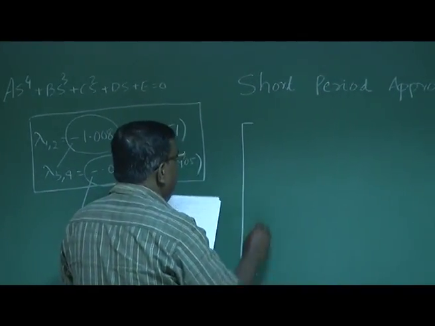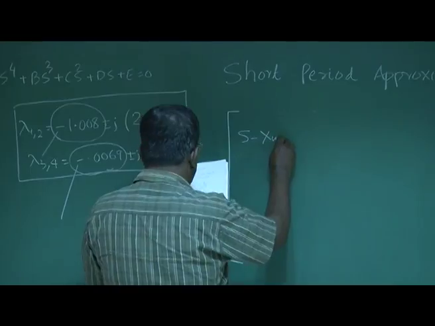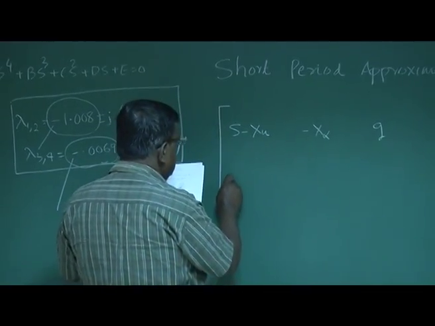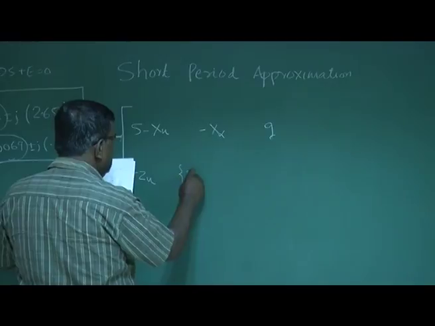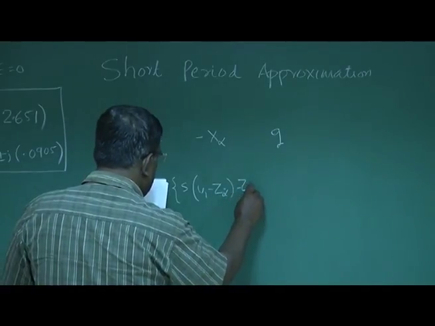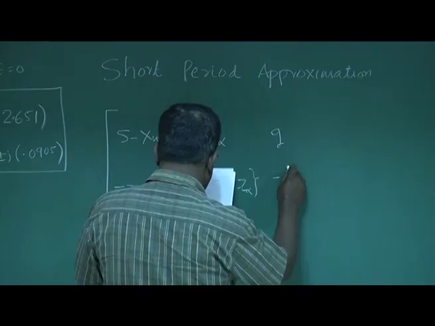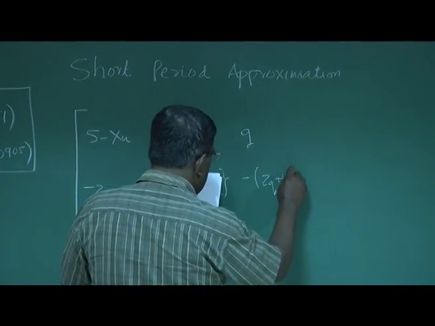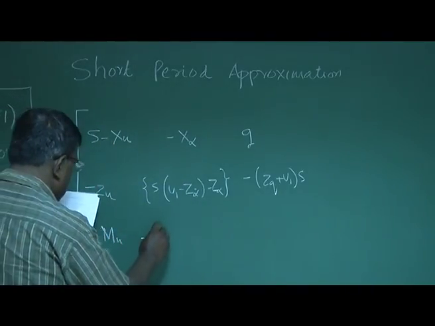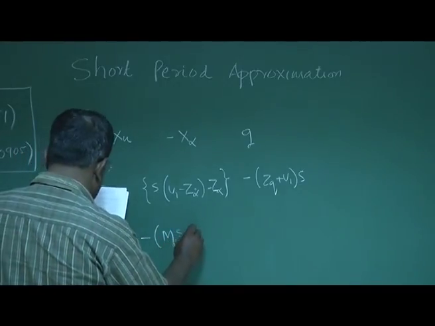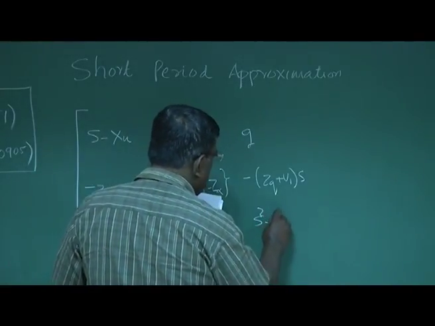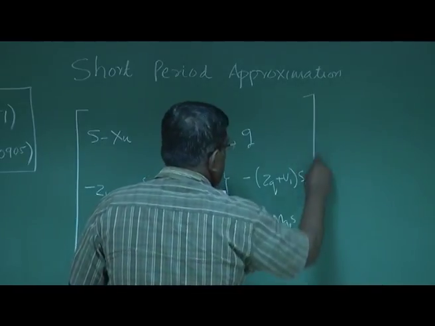You could see that this is our standard equation: s minus x_u, minus x_alpha, then g, and then minus z_u, then s into u1 minus z_alpha dot, minus z_alpha, then minus z_q plus u1 into s, and minus m_u, minus m_alpha dot s plus m_alpha, then s squared minus m_q s.